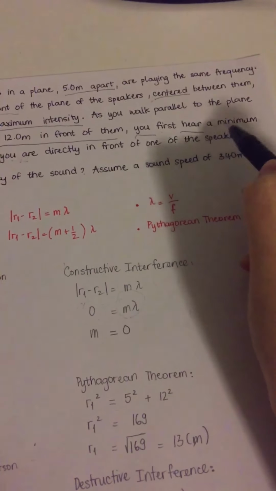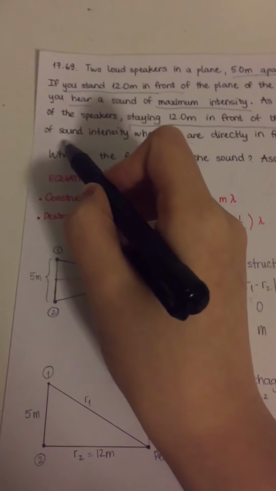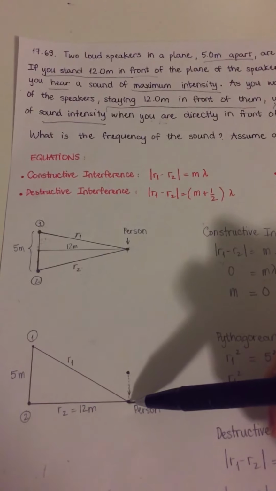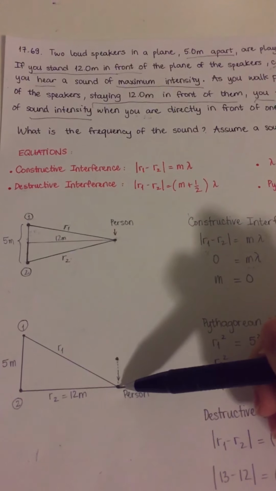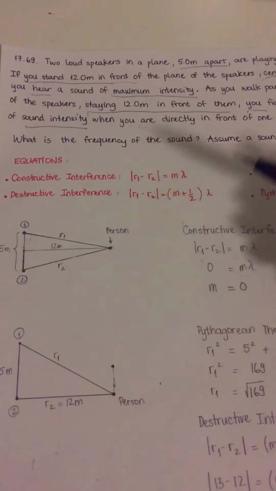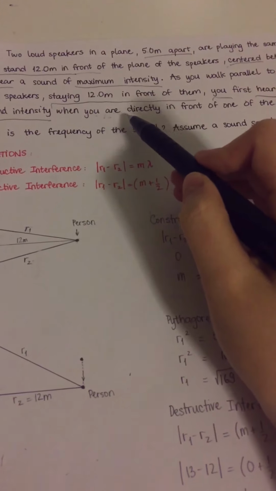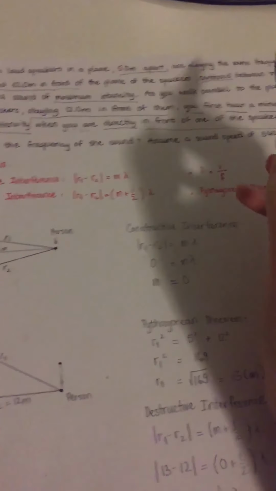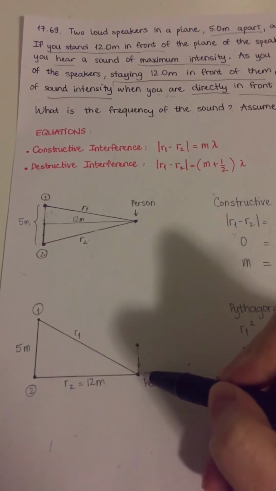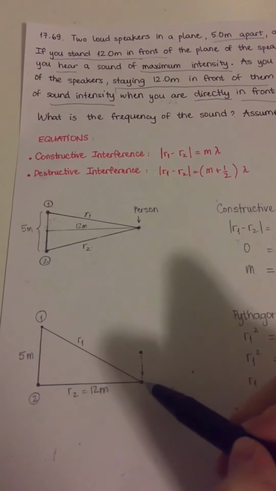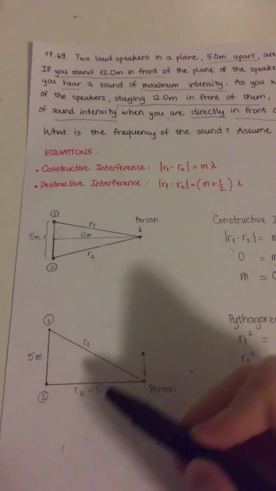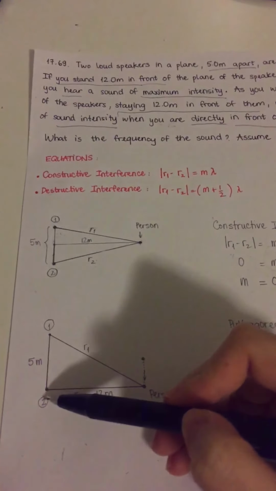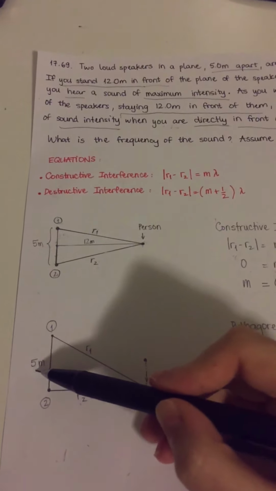You hear a minimum sound intensity, so at this position, there will be a destructive interference happening. And we are also directly in front of one of the speakers. So it means that at this point, we are standing 12 meters from speaker 2, so R2 will equal 12 meters. And these two speakers are still 5 meters apart.